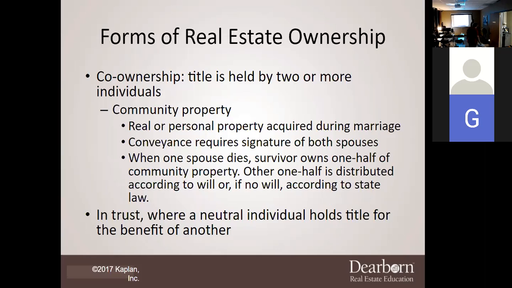So what happens in this particular situation is that community property is going to be where husband and wife are married. Now, they don't always have to be legally married. That's where this gets a little confusing.